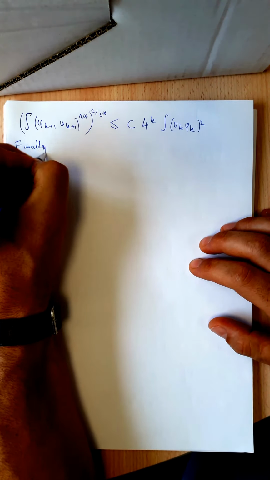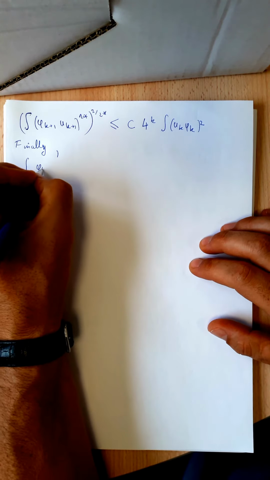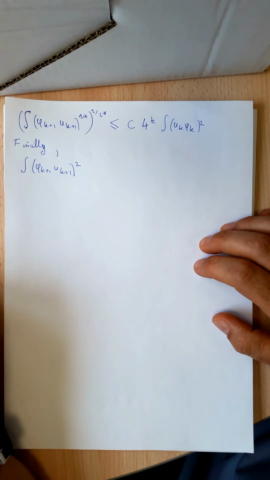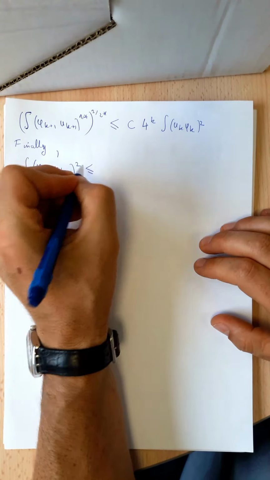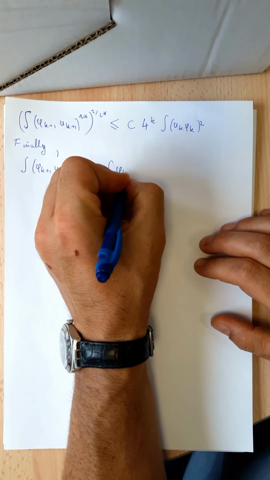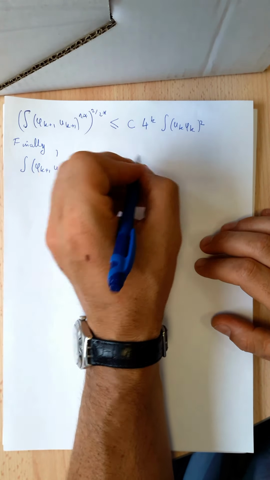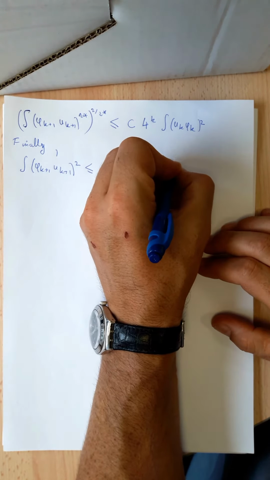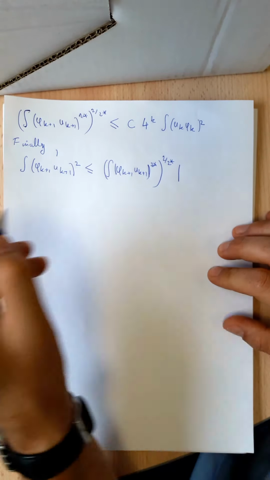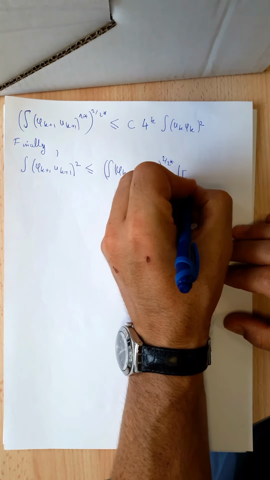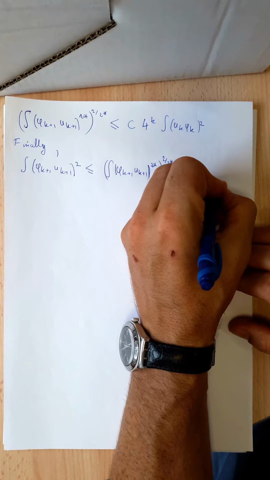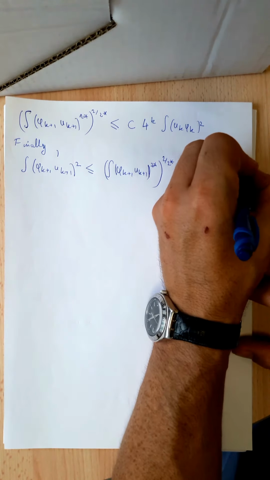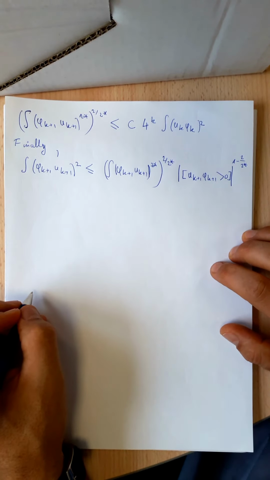So how do we link the two? Just by interpolation, by looking at the L2 norm of u k plus 1 phi k plus 1. So this is going to be less than, by Holder's inequality, the L2 star norm of the same quantity to the 2 over 2 star. And then we have the measure of the set where we're integrating, in other words, the set where u k plus 1 phi k plus 1 is positive, to the conjugate exponent, 1 minus 2 over 2 star.